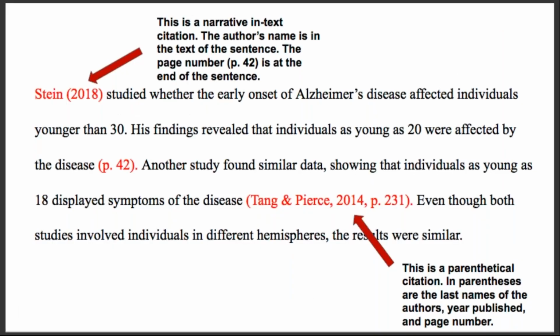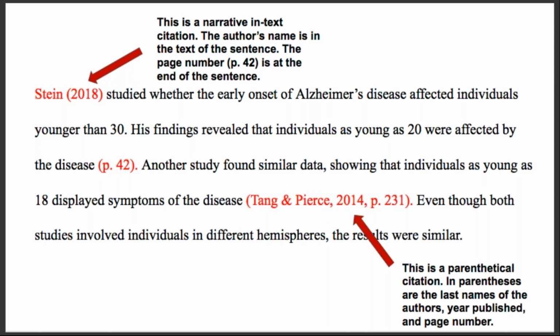All right, so let's look at an example within a paper itself. There are two different ways that you can use in-text citations. One is the narrative in-text citation. That is when the author's name is in the text of the sentence. You mention the author's name in the sentence. So Stein studied, and notice the dates there in parentheses.